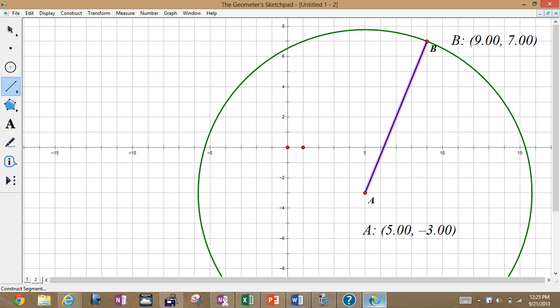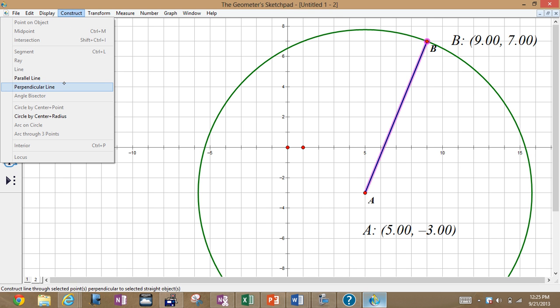So coming back, looking at this, certainly one aspect of the geometry you want to remember is that a tangent line will meet the radius perpendicularly.